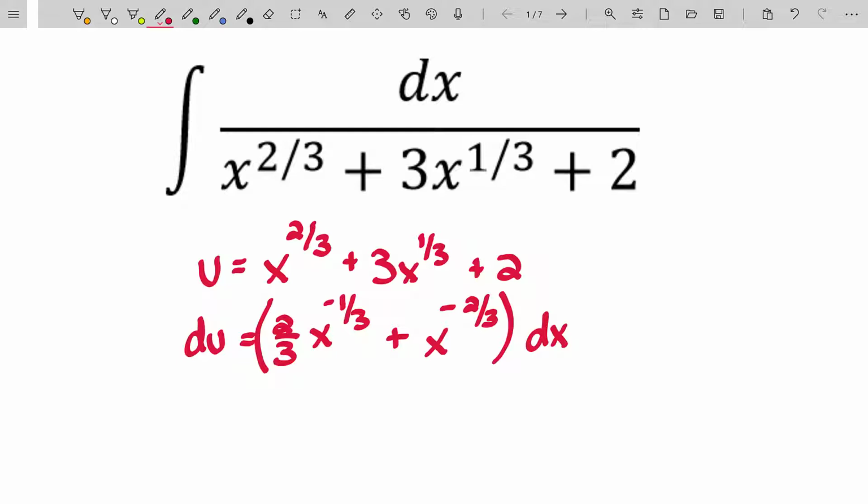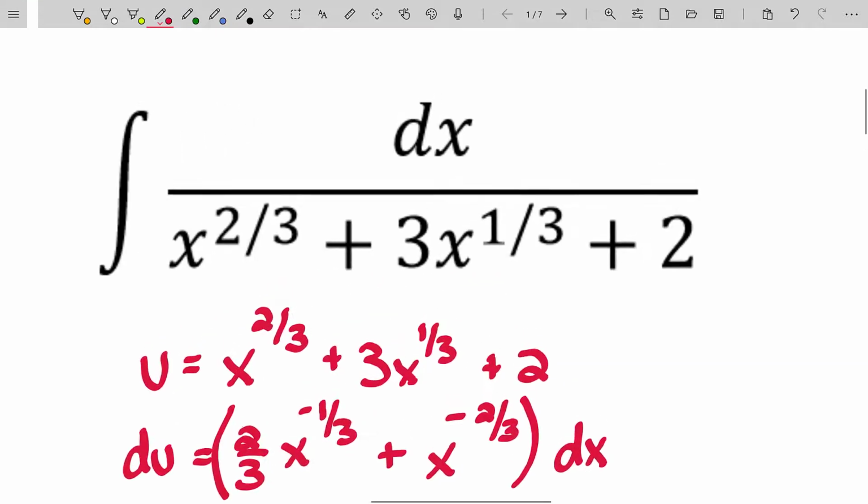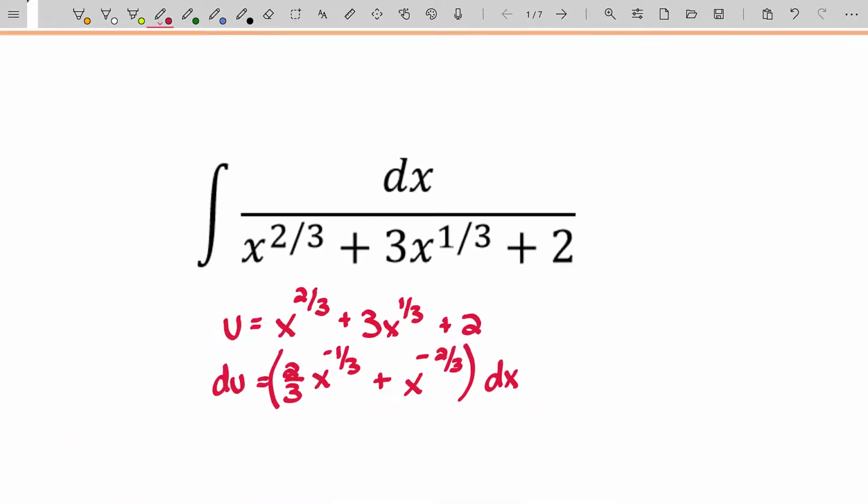So I probably don't want to use that large of a u substitution. Again, I'm really looking a few steps ahead here. Sure, that whole denominator would become a u. However, dx would be traded out for all of this business underneath du, and that is just not a good looking factor to deal with.